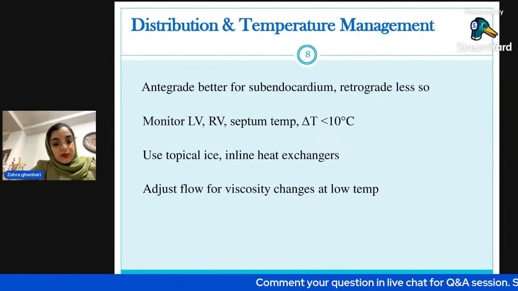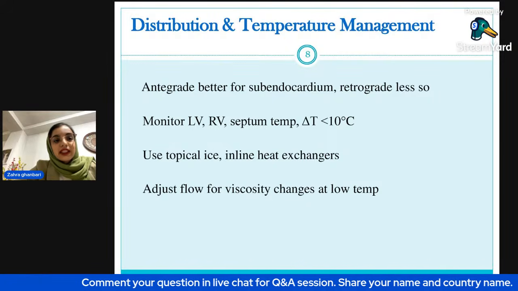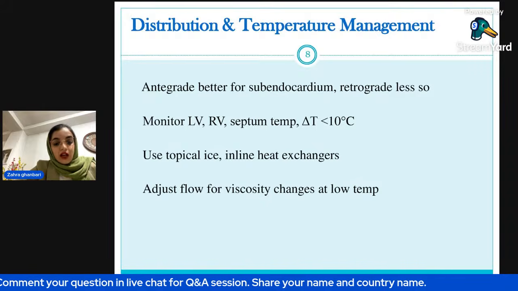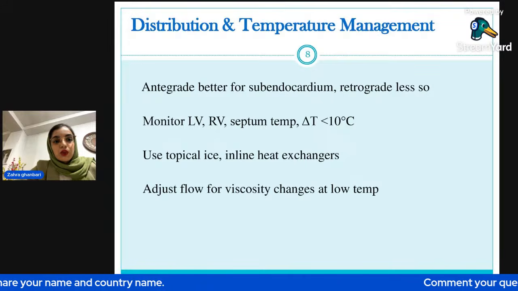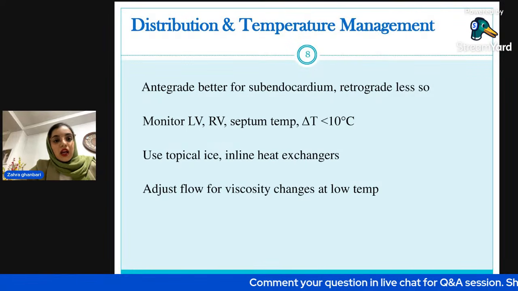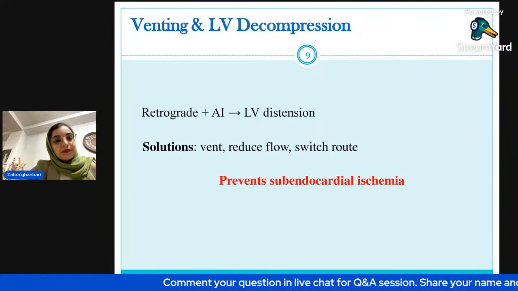Low temperature and cold solution can increase viscosity, and increased viscosity leads to decreased penetration of cardioplegia. So controlling the temperature is important. Go to the next slide, please.